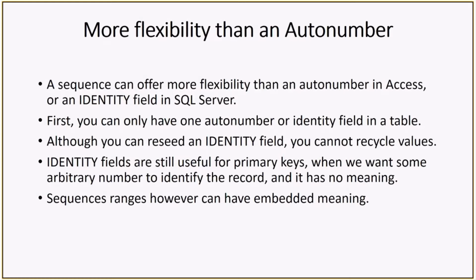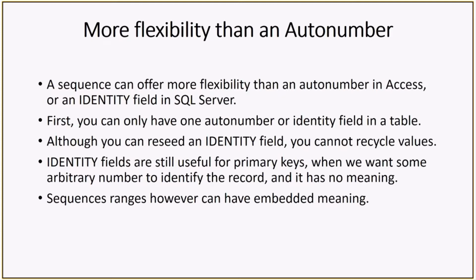First, you can only have one auto number or identity field in a table. Although you can reseed an identity field in SQL Server, you cannot recycle values as you can with a sequence. Identity fields are still useful for primary keys, where we want some arbitrary number to identify the record and it has no meaning.